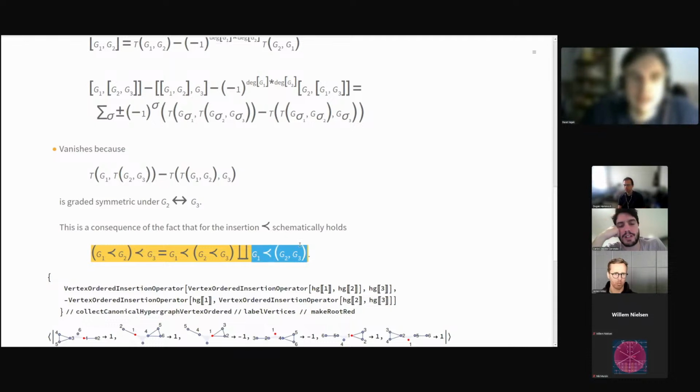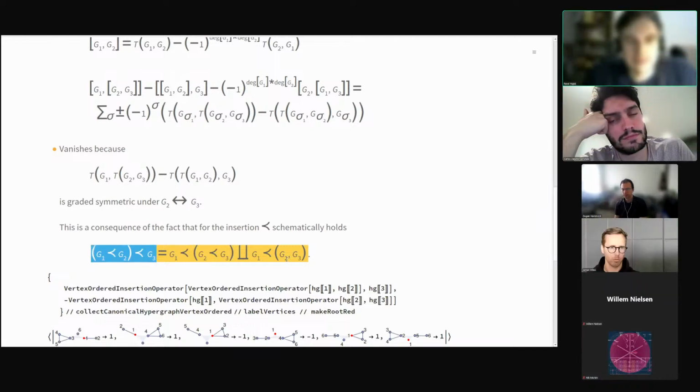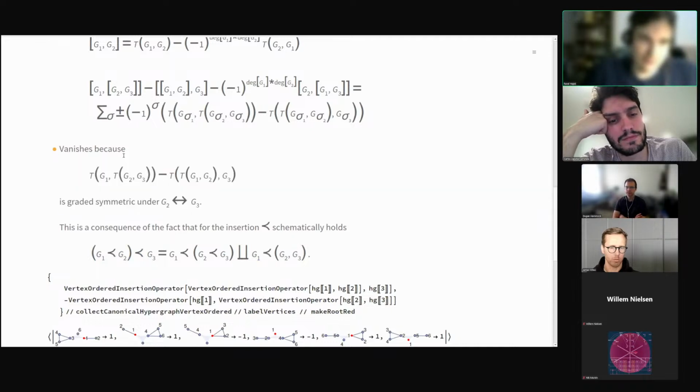And this thing is graded symmetric. And this thing cancels with this thing. So that's the reason why these relations hold.